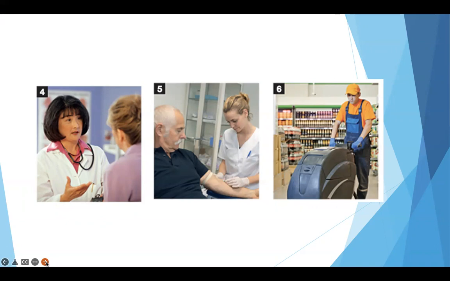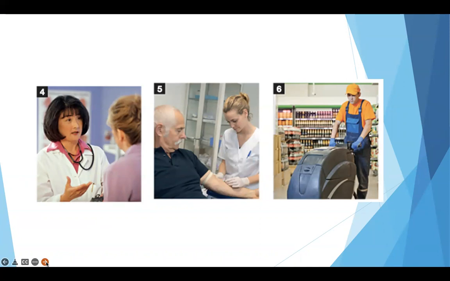All right, now it's your turn. Where do the people in these 3 pictures work? What job does the woman in picture 4 have? What job does the woman in picture 5 have? What job does the man in picture 6 have?